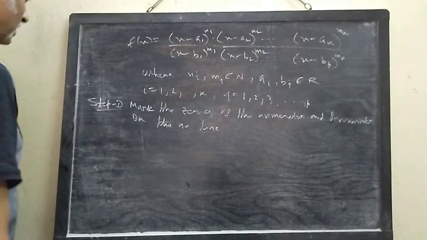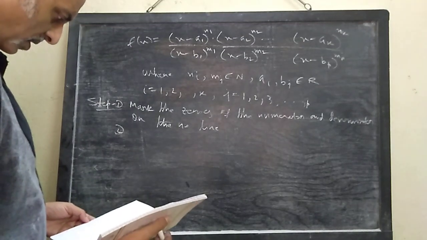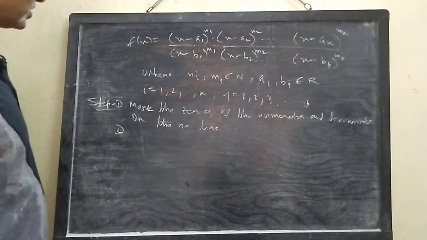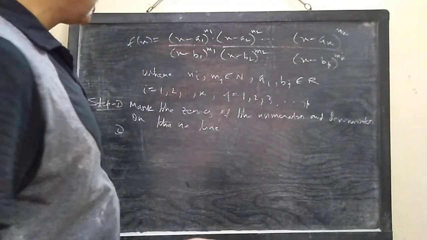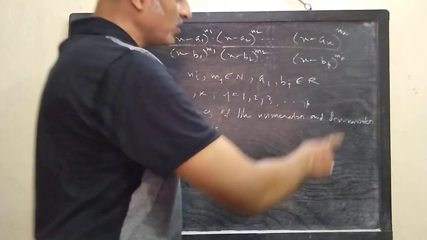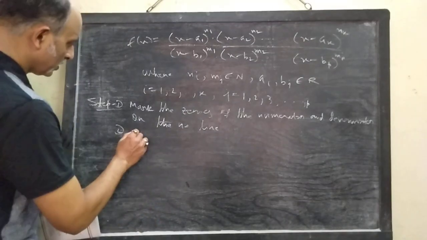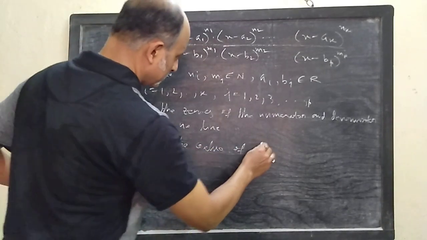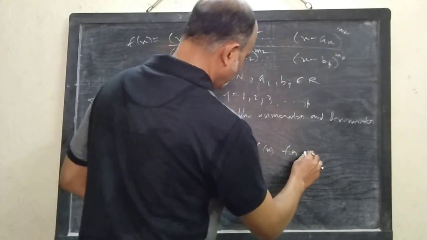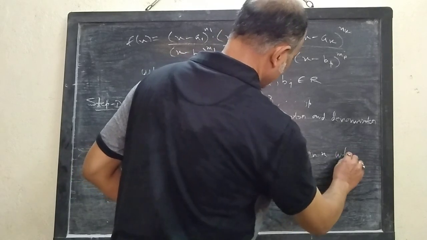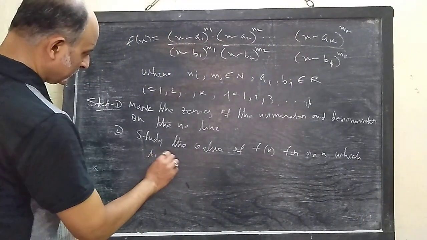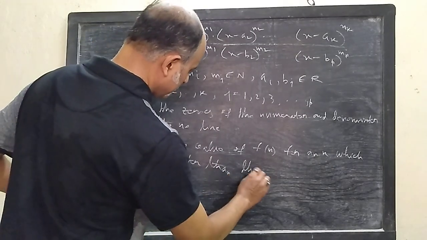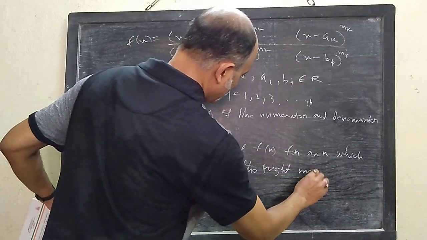Step 2. Study the value of f(x) for a value of x which is greater than the rightmost zero.